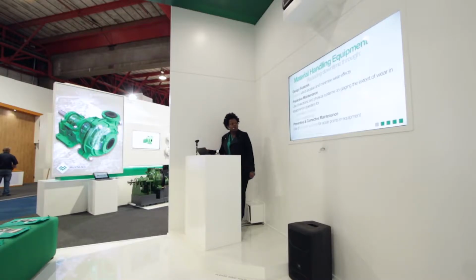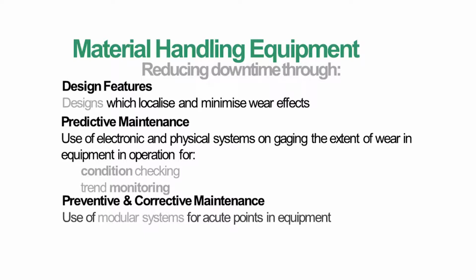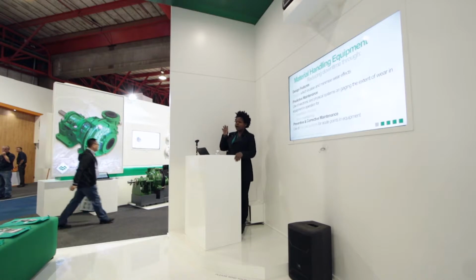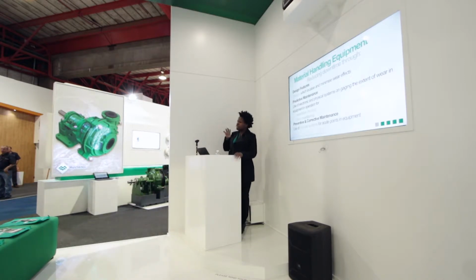So you have your condition checking, you have your trend monitoring, and also preventative maintenance, and hopefully not corrective maintenance. You want to use something like modular systems so that you have your acute points or your high stress points targeted, you know them, and you're going to address them when you do the maintenance.